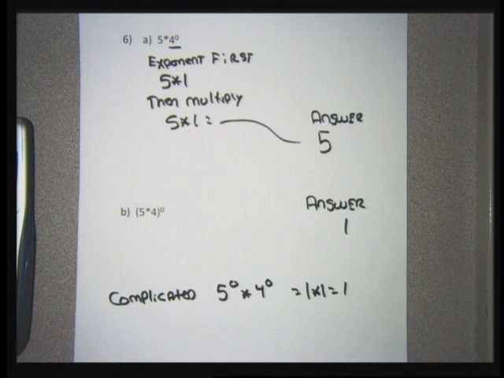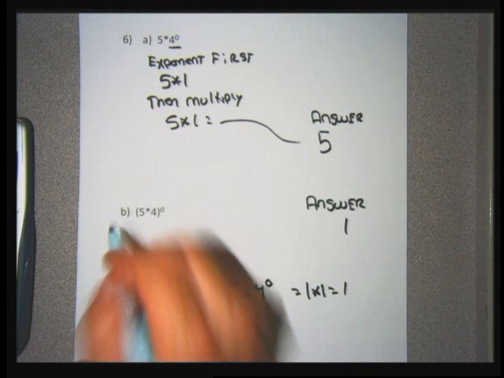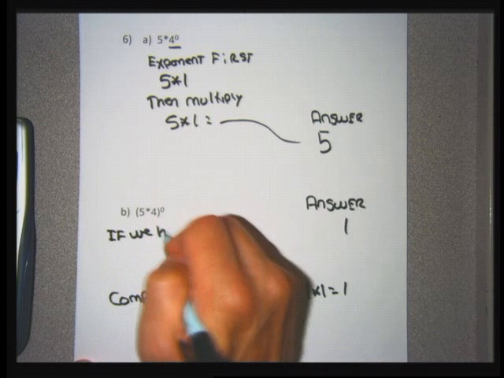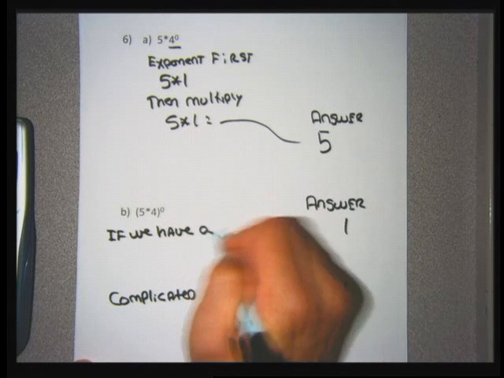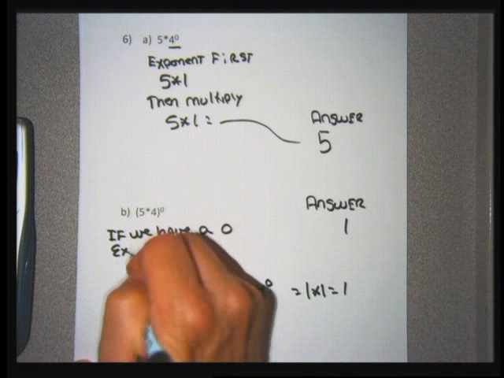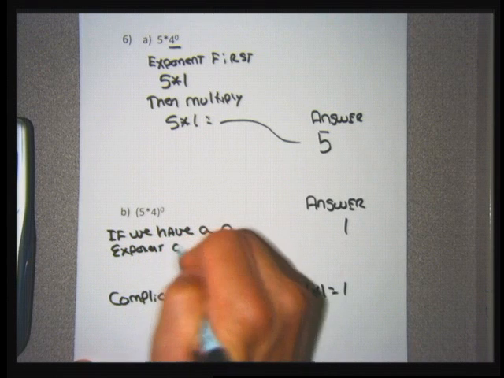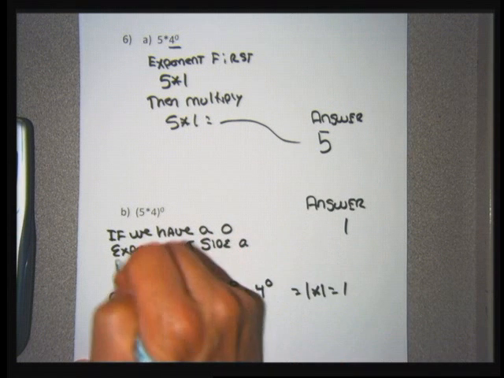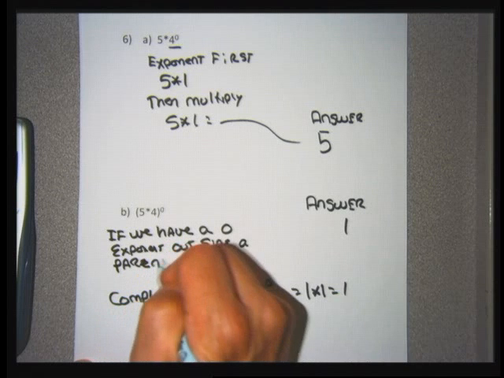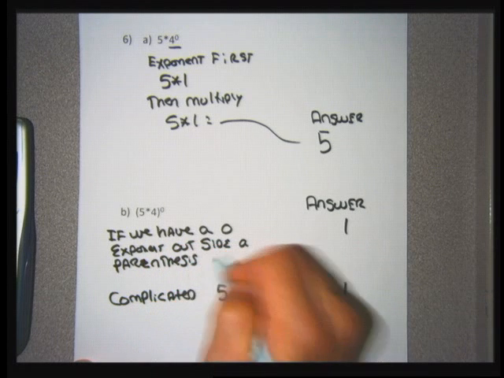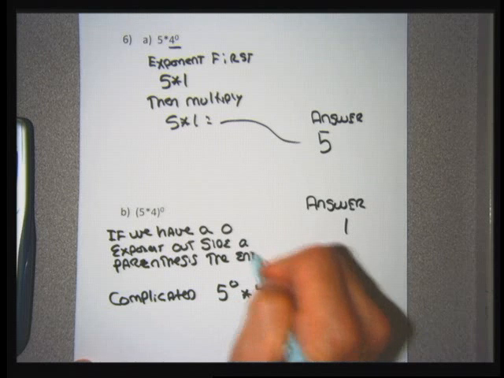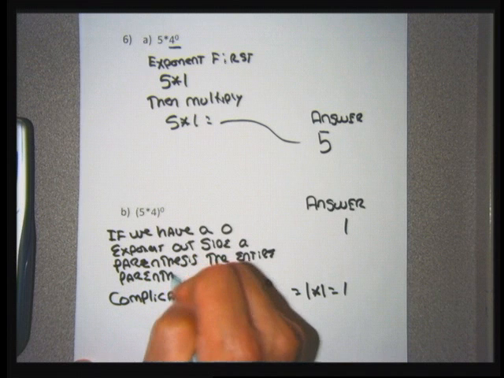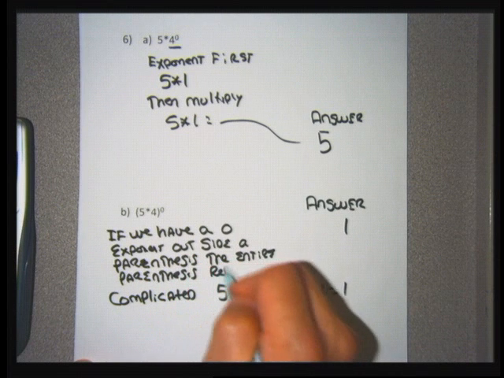That's too complicated. The rule that we're going to learn is if we have a zero exponent outside of parentheses, the entire parentheses reduces to 1.